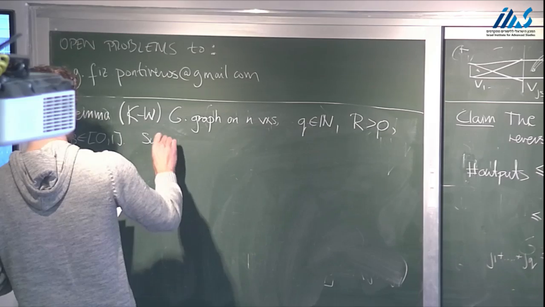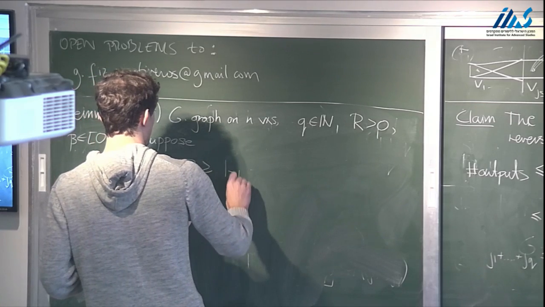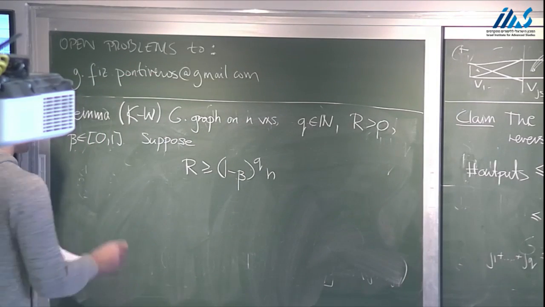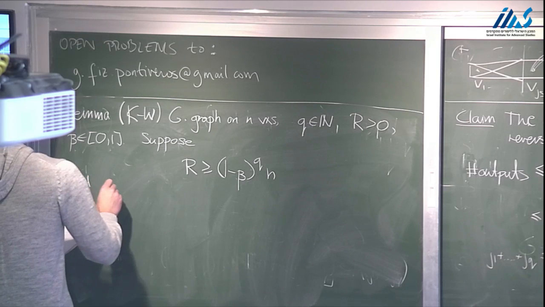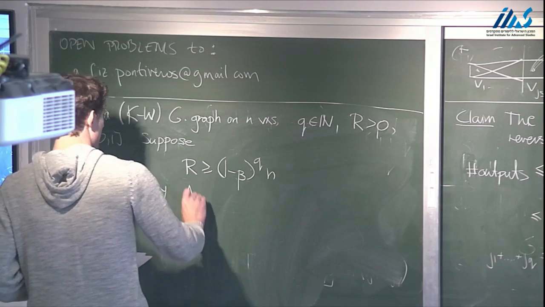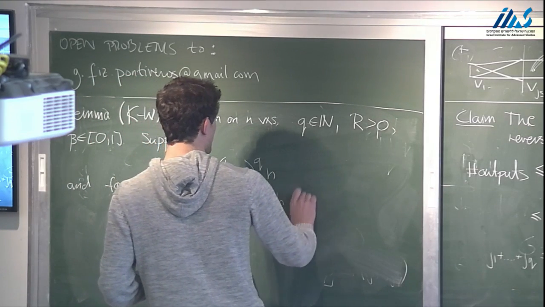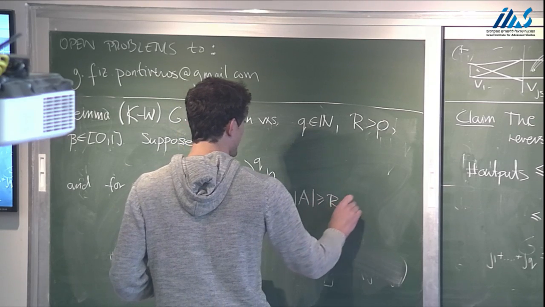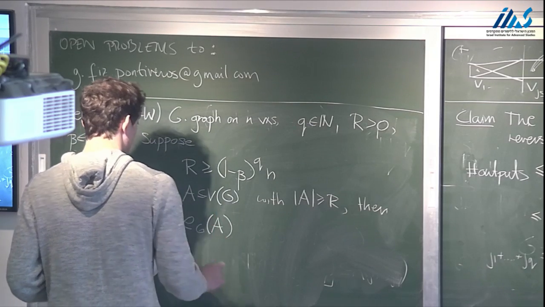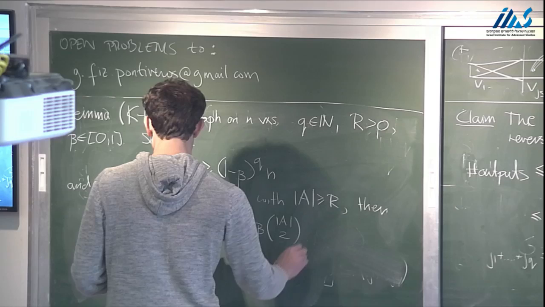And we suppose that r is at least 1 minus beta to the q times n, and that for every A, which is a subset of the vertices, if A has at least r elements, then the number of edges that G induces on A is at least beta times A choose 2.